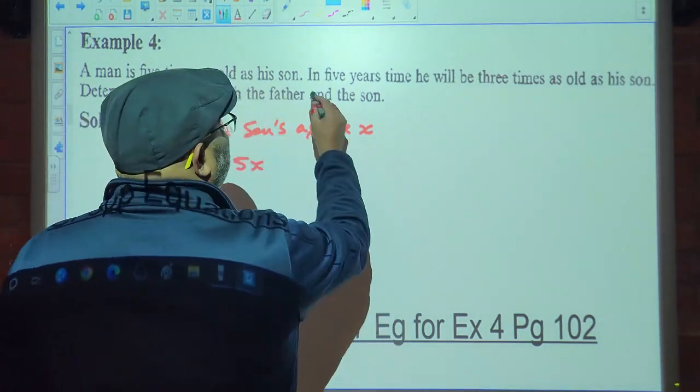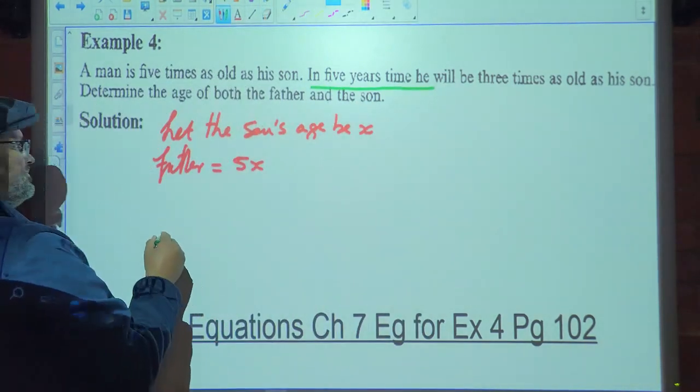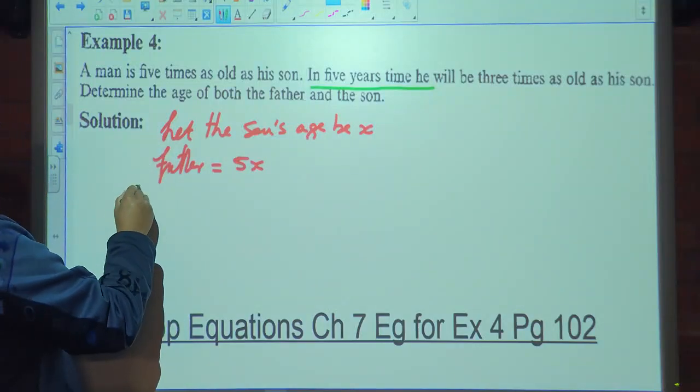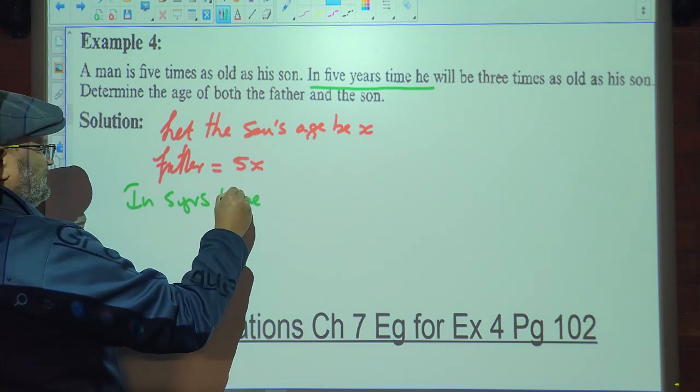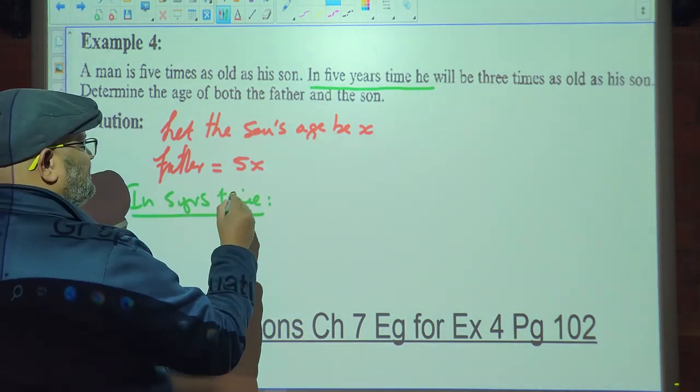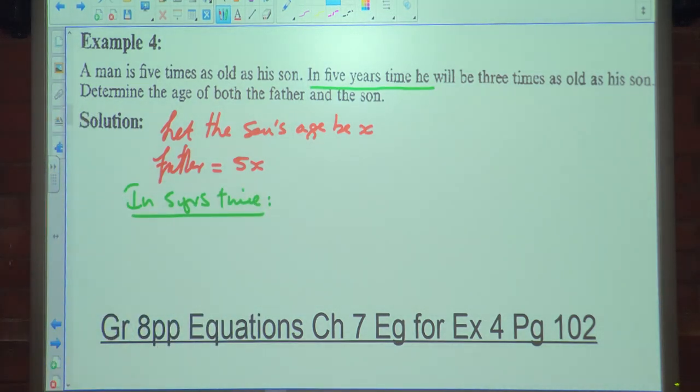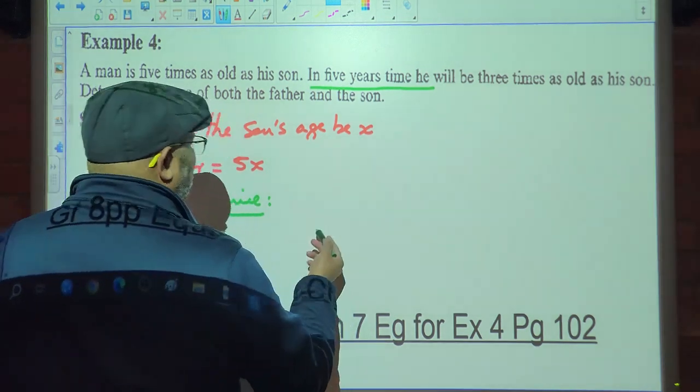Then you go in 5 years' time. So this is present. So in 5 years' time, if the son is 12, how old will the son be in 5 years' time? 17. Why? Because we're adding.